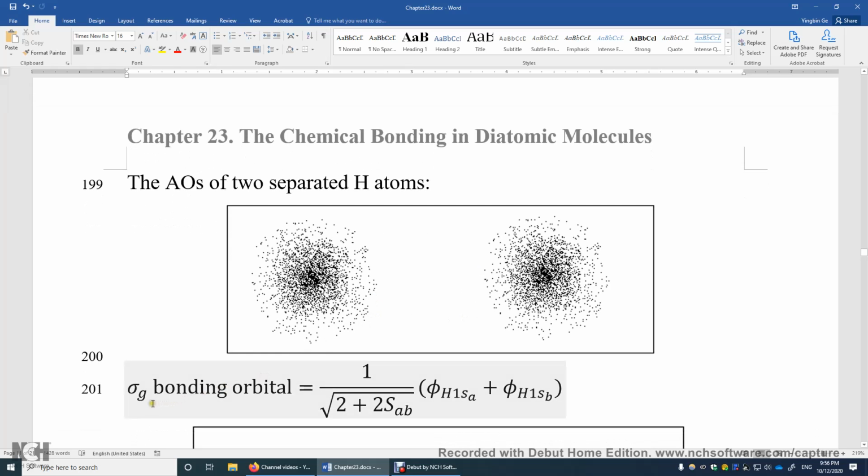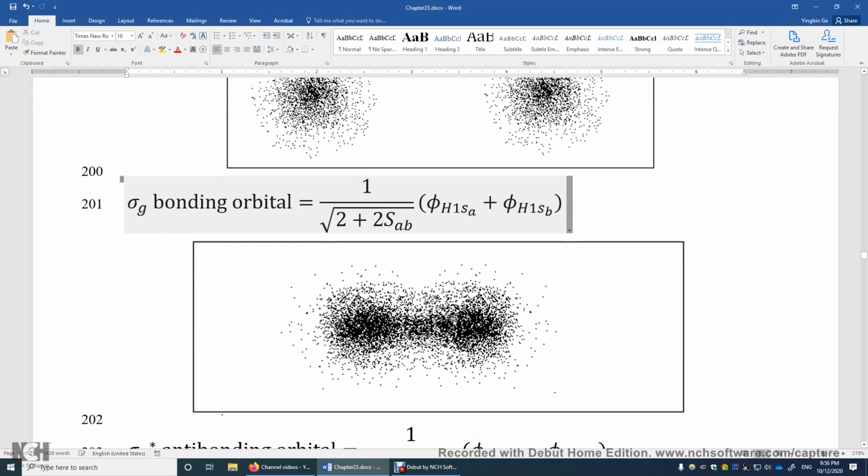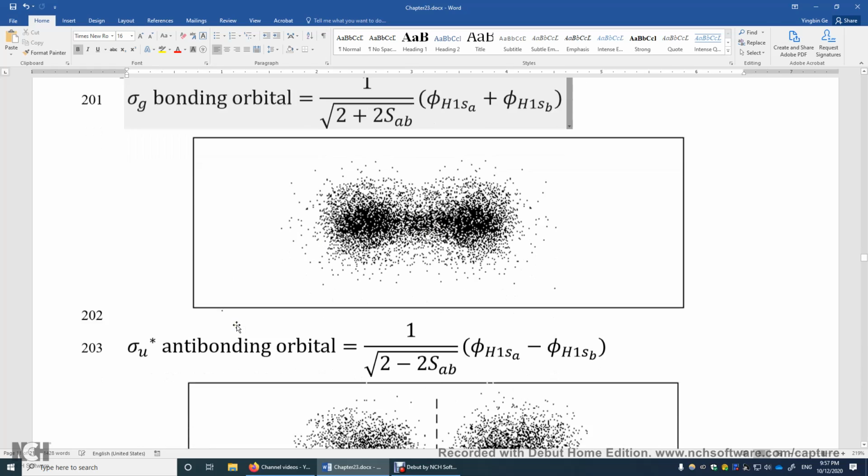Now let's look at this sigma g bonding orbital. You see the constructive interference in the middle. So there is a significant probability of observing the electron between the two nuclei. But of course, the electron can also appear here, or here, or here.